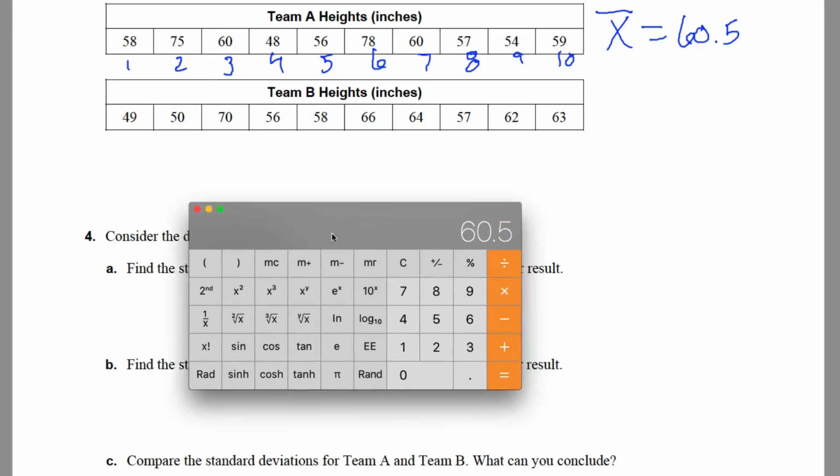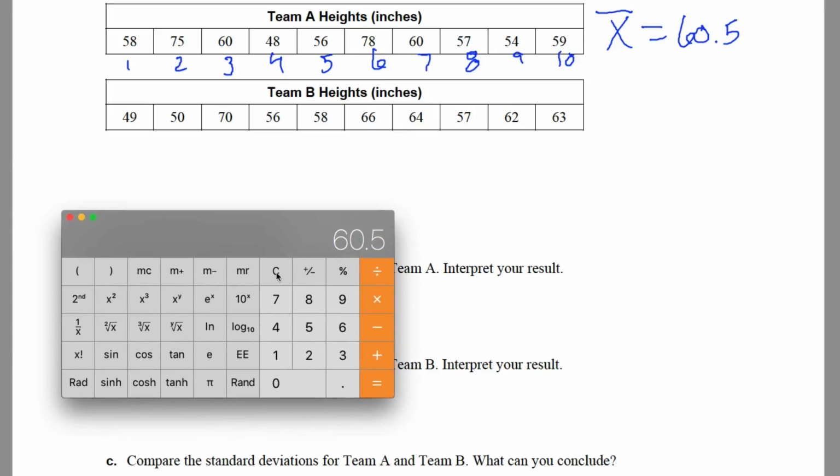Okay, now I take each one of those numbers and subtract the mean. So let's do that here. What's 58 minus 60.5? That gives me negative 2.5.